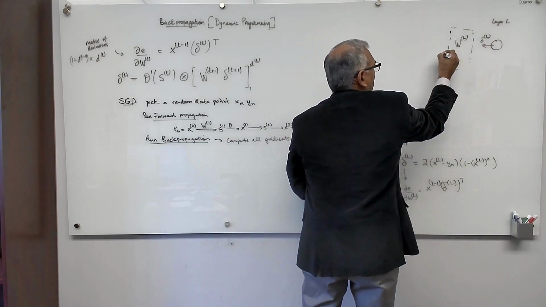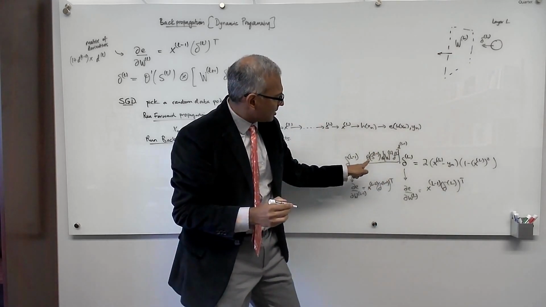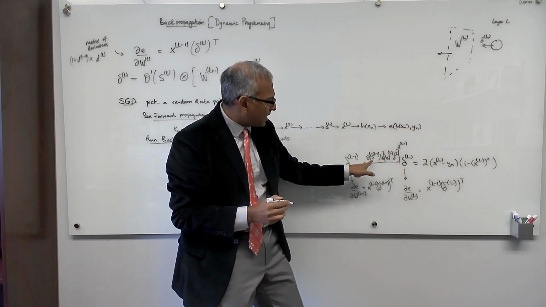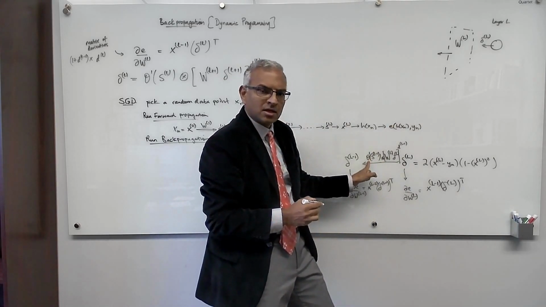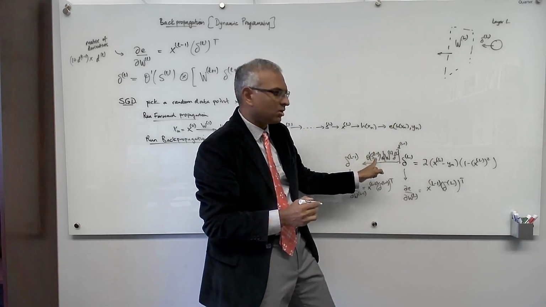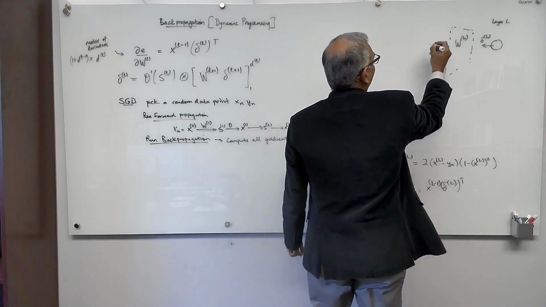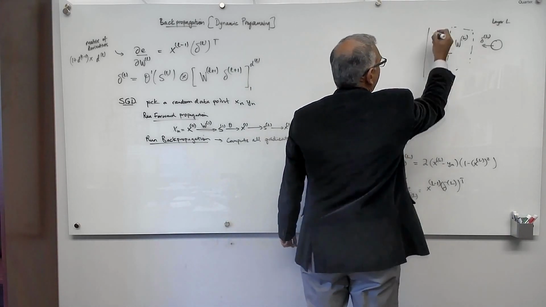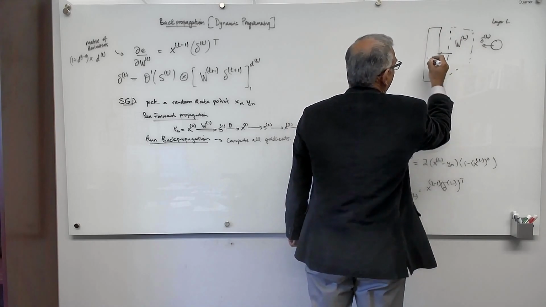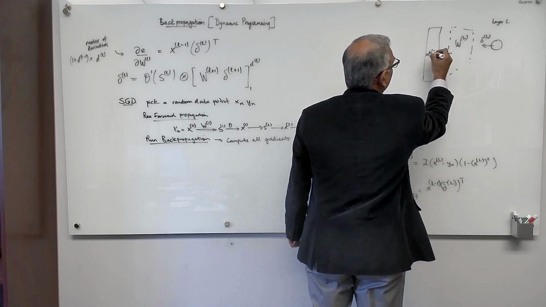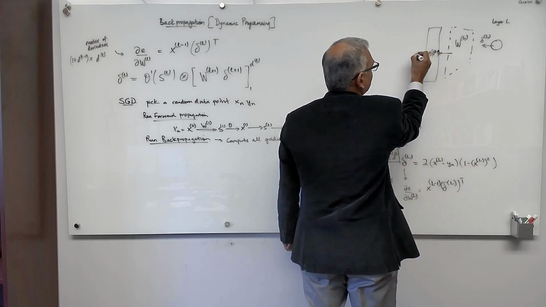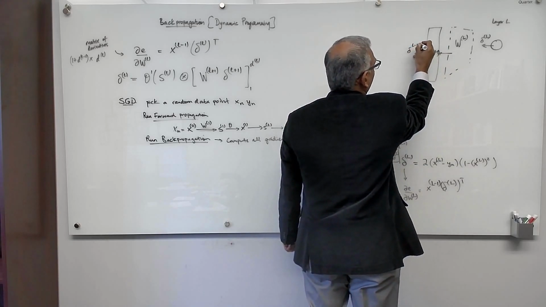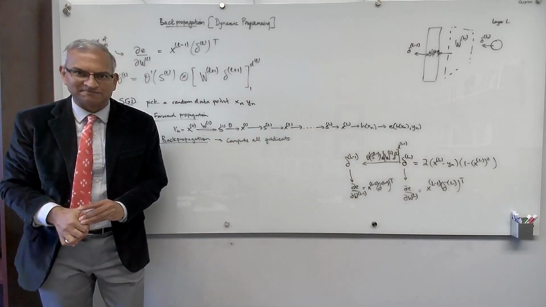Then, component-wise, I multiplied the result of each component by the corresponding component of this vector, which is theta prime of SL minus 1. That gives me delta L minus 1. Look at that beautiful picture.